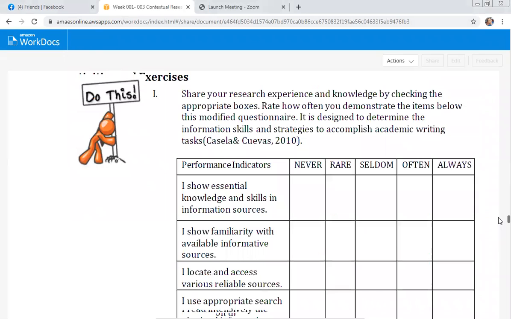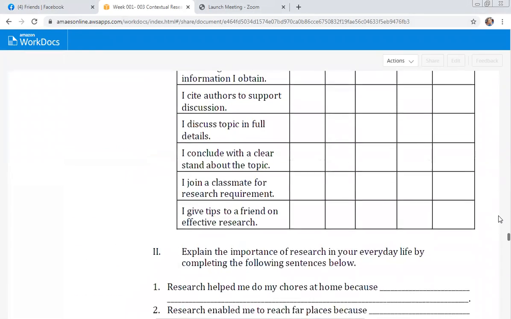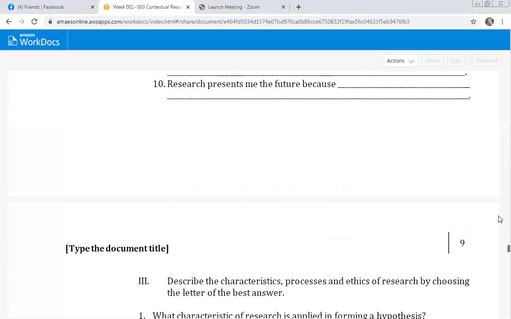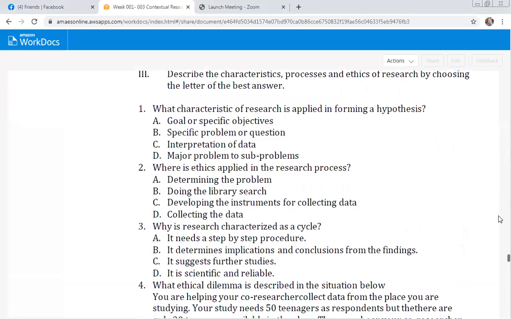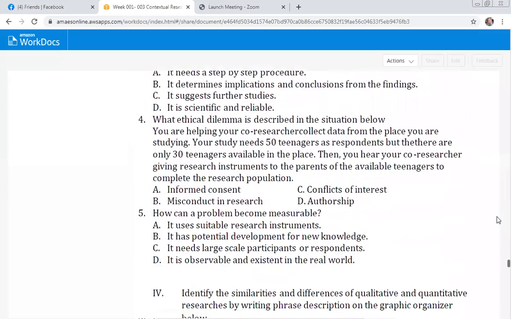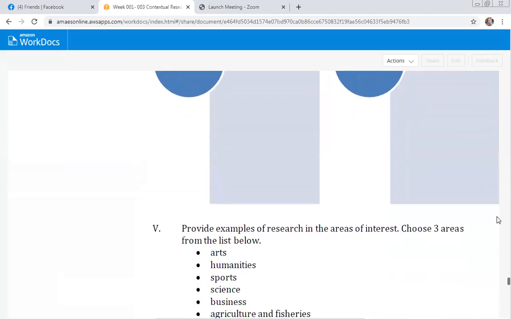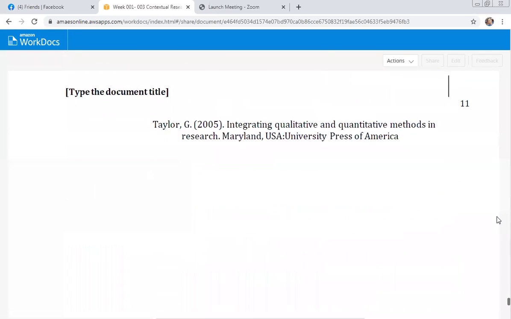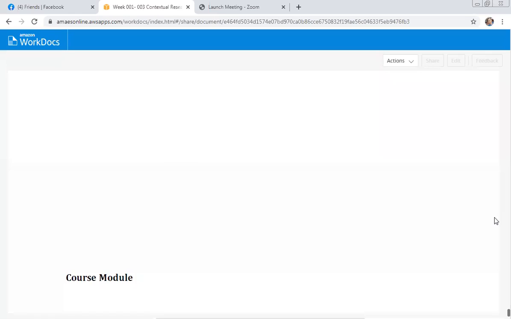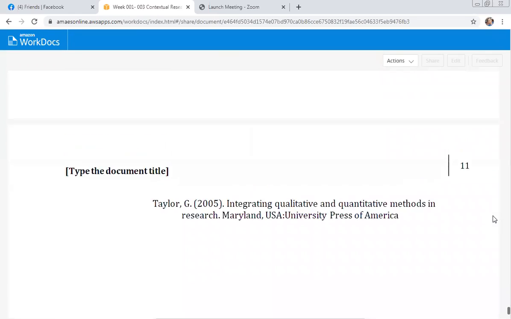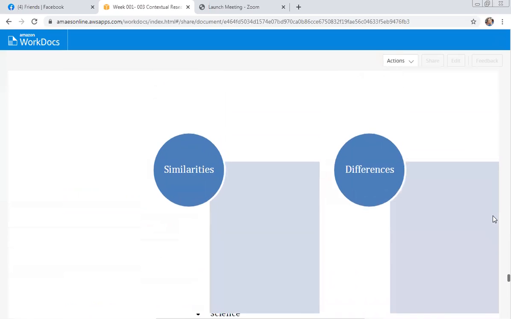Okay, we have 5 minutes. So let's check for a while. Okay, this is an activity. You just have to do this. So that's what quantitative and qualitative research is all about, in simple terms.